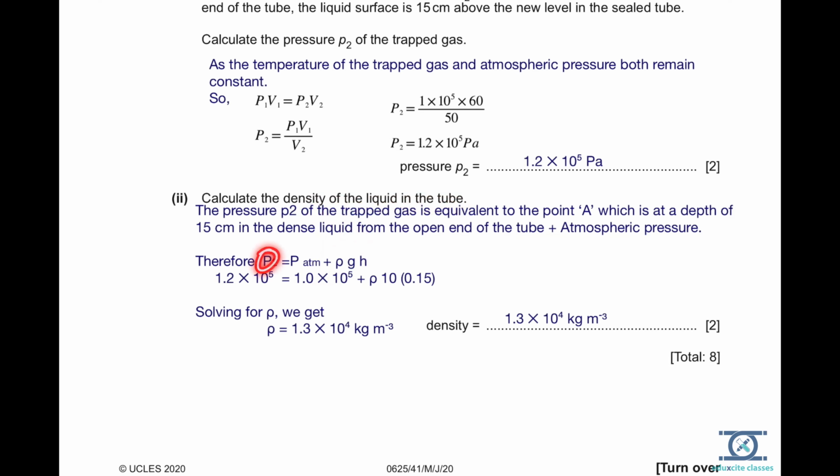So P2 we have already calculated, atmospheric pressure we know, rho we have to find out, g is 10 meter per second square, or you can say 10 Newton per kg. So we have taken 10, and h is in meters, that is 0.15. Just solving for density we get 1.3 into 10 raised to power 4 kg per meter cube. You can calculate it and you will get the answer.